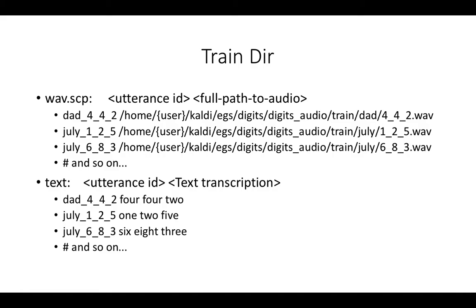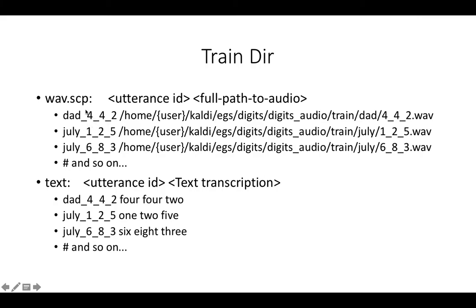The first one is the wav.scp file, which contains the utterance ID of the audio and the full path to the audio. An example is given here. So, here is the utterance ID, and the next one is the full path. It can be absolute or it can be a relative path.